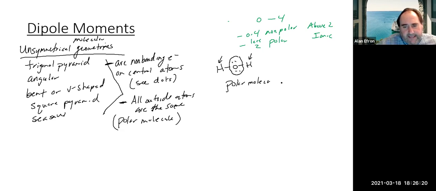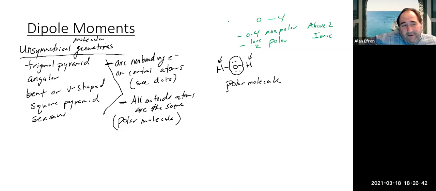So that is definitely one super easy way to figure out the polarity of something that is unsymmetrical. And that is what you're looking for: dots on the central atom. You're looking for the same elements on the outside, and it will most likely be polar.